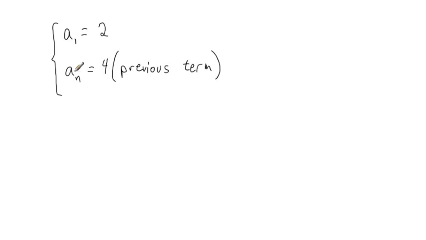This notation gets a little bit closer to the formal mathematical notation of recursive formulas. In the last example, we just had words to give us our formula. Here we have slightly more mathematical notation, and if we're again told to generate the first 3 terms, that would mean we're looking for a sub 1, a sub 2, and a sub 3.